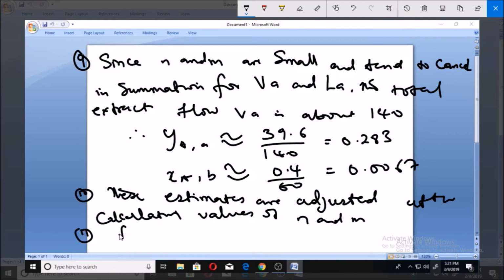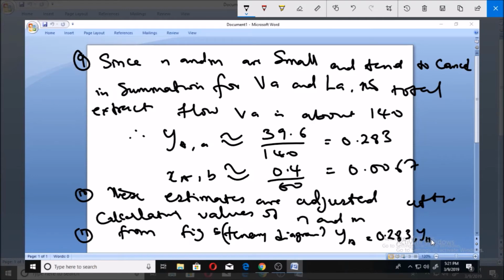The 11th thing that we should do is that we should know that from the figure that I drew, from the ternary diagram, YA is equal to 0.283, where YH2O is equal to 0.049. So take note of that. Very, very important.